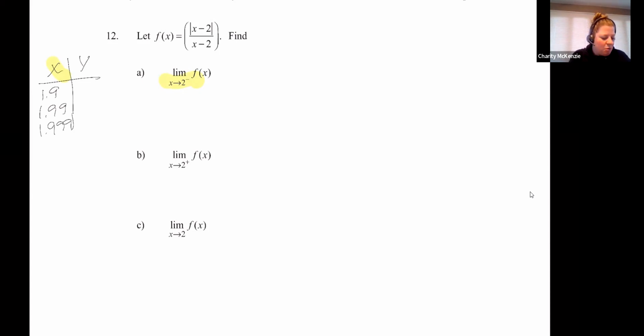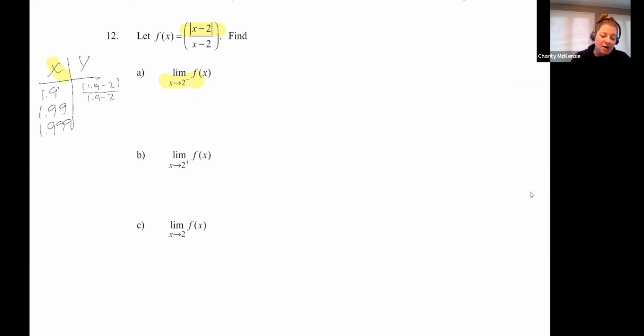So 1.9 minus 2, that's this top part right here. Maybe I'll write that out for y'all. I'm doing the absolute value of 1.9 minus 2, divided by 1.9 minus 2.